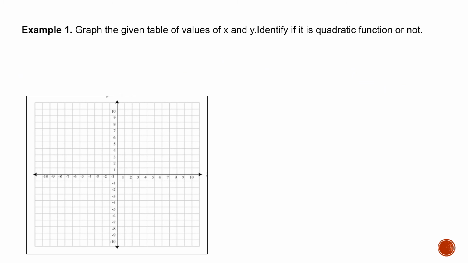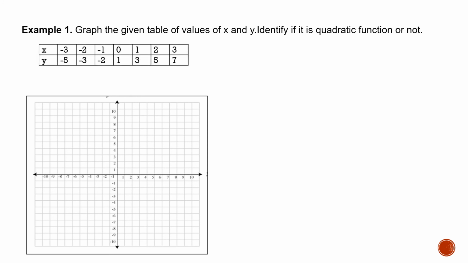Let's have an example. Graph the given table of values of x and y. Identify if it is a quadratic function or not. Okay, let us plot the points in the Cartesian plane. First, we have negative 3, negative 5. Next, we have negative 2, negative 3.